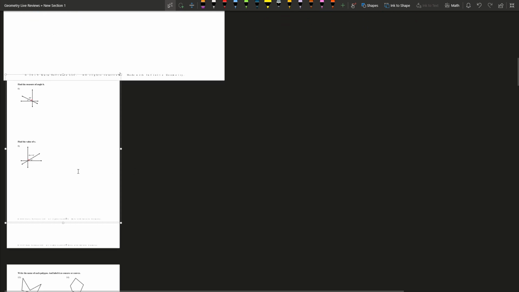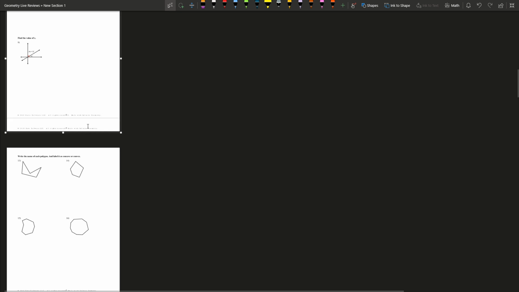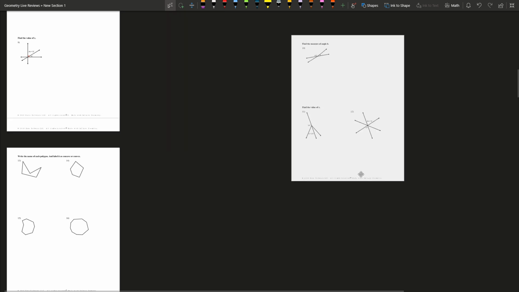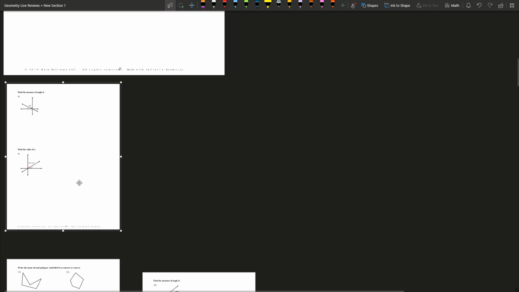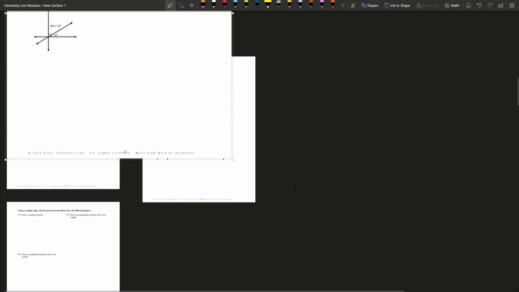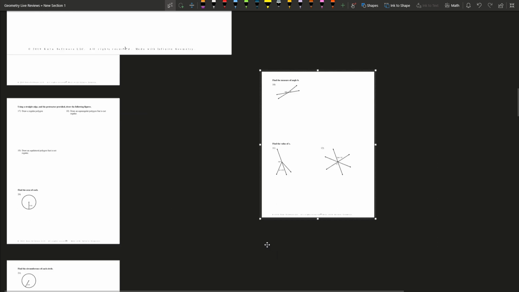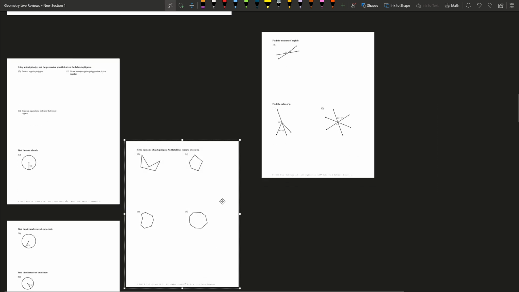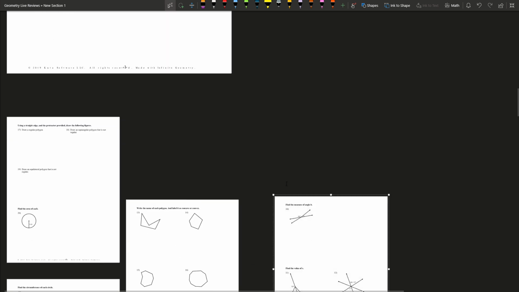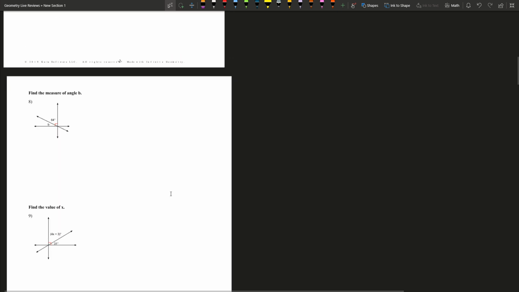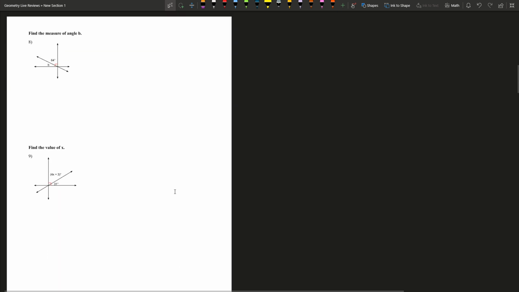Number 9 and 10. Sorry, this is not organized. Number 9. Number 9 says find the value of x given this right angle and these two smaller angles.